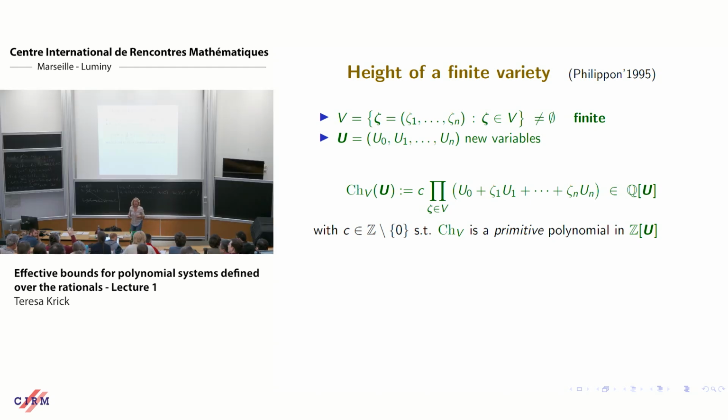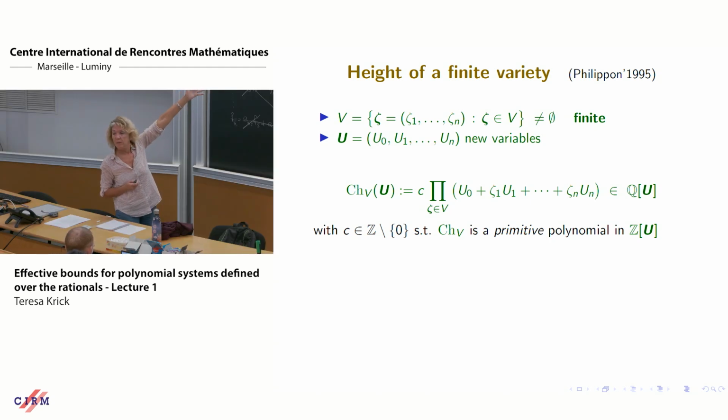Teresa? I don't get that u passes at points of V. You say it passes at points of V. When you specialize the u, when is this 0? For which u is this 0?